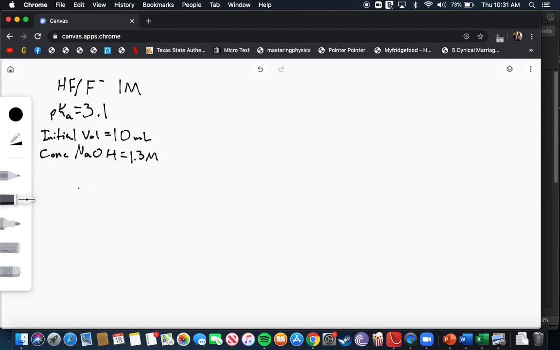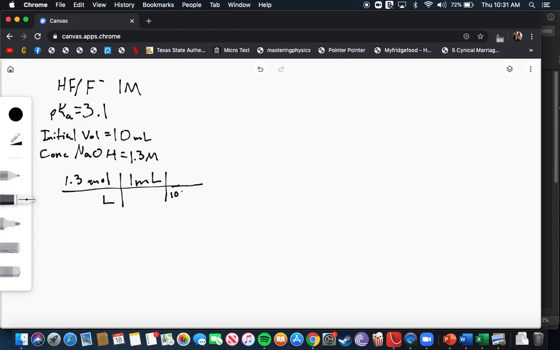So the first step is to find the number of moles of the titrant that you add. So for the first milliliter of our titration, we are starting with 1.3 moles per liter of NaOH. So to convert that into moles, we need to multiply it by the amount that we're adding, which is 1 milliliter, and then convert milliliters into liters.